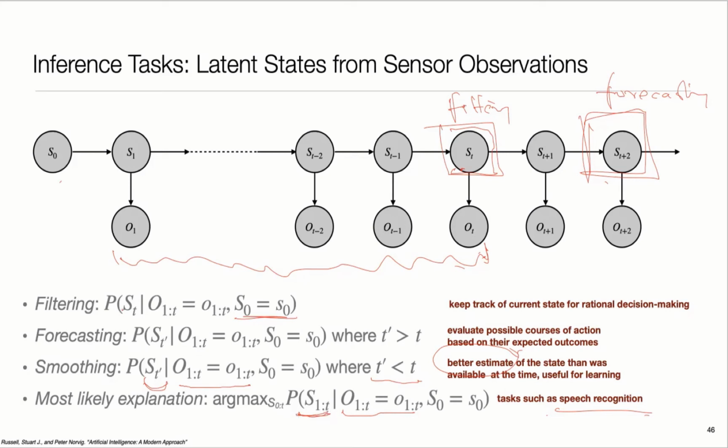So there's a subtle difference. In smoothing, I'm interested in the probability distribution of a particular past state. Here, I'm saying which values of S1 through ST are the most likely explanation, that is, which has the highest probability for this conditional distribution.